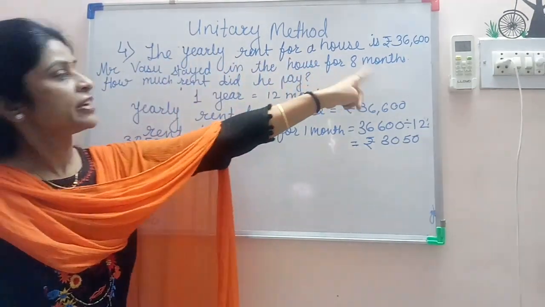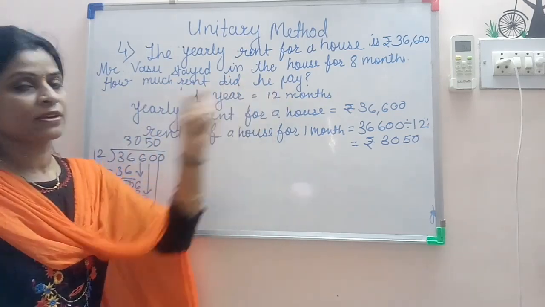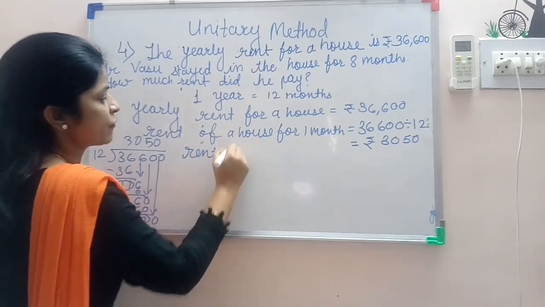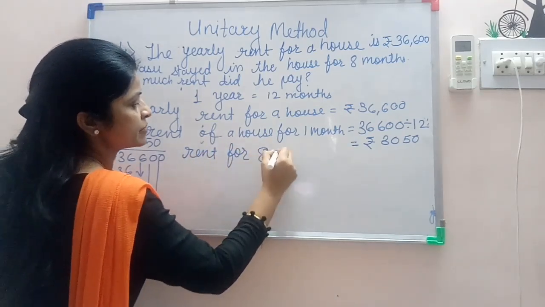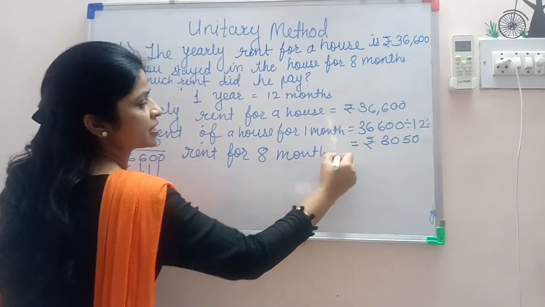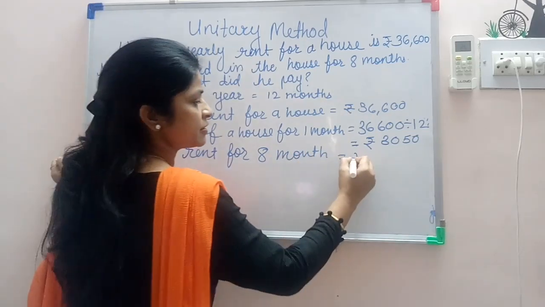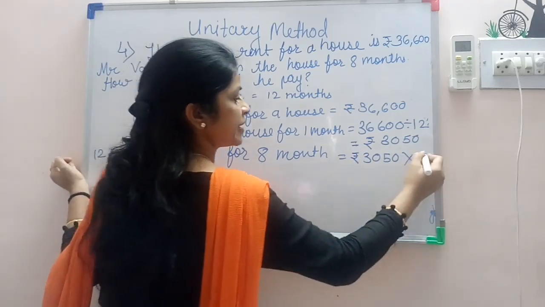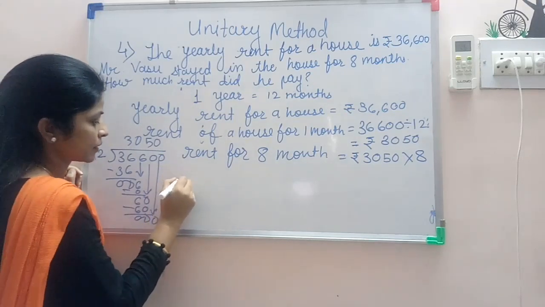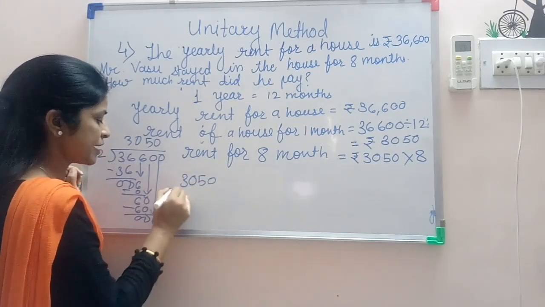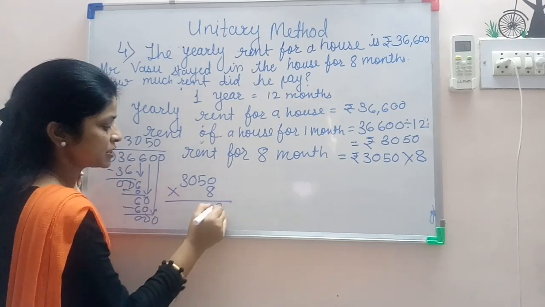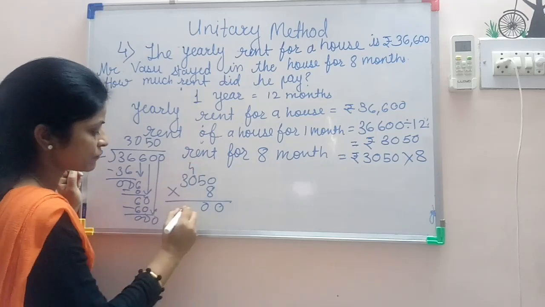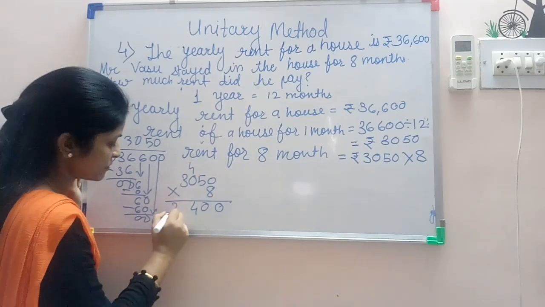Okay students, now what is asked? He stayed there for 8 months. So how much rent did he pay? So write: rent for 8 months is equal to 1 month rent multiplied by 8. So 3050 multiplied by 8. 8 zeros are 0. 8 5s are 40. 8 zeros are 0 plus 4 is 4. 8 3s are 24.